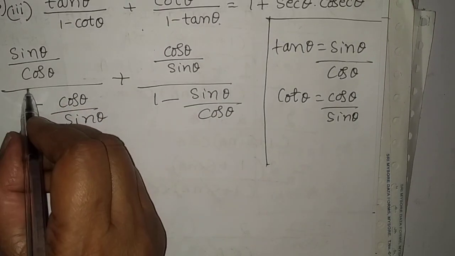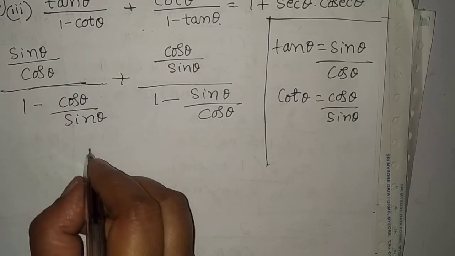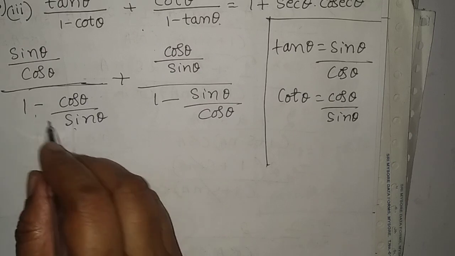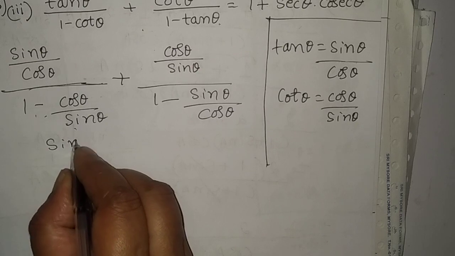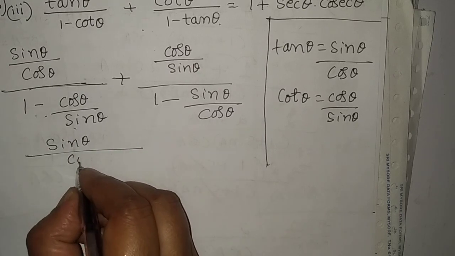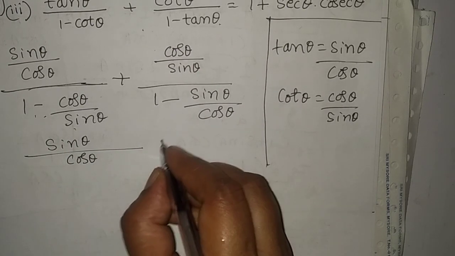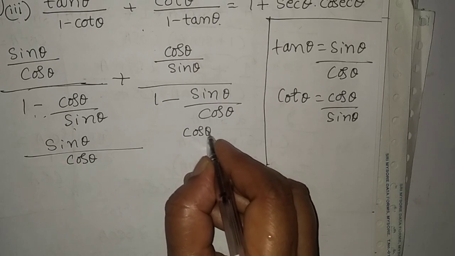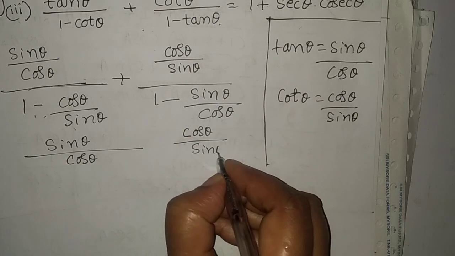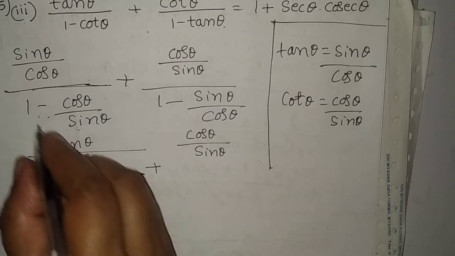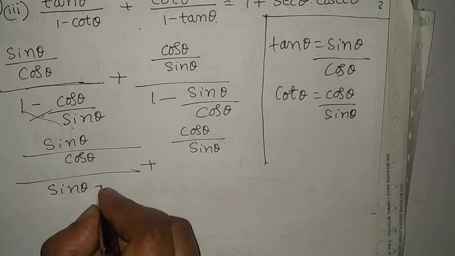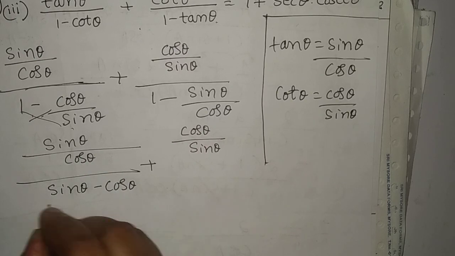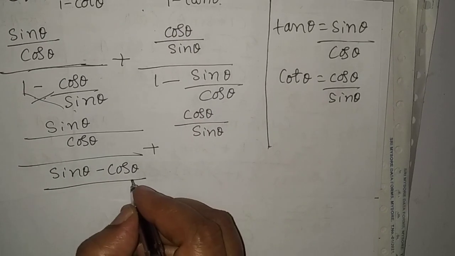So now here cross multiply this, leave as it is, cross multiply sin theta by cos theta by sin theta, plus here cross multiply, then sin theta minus cos theta by sin theta.